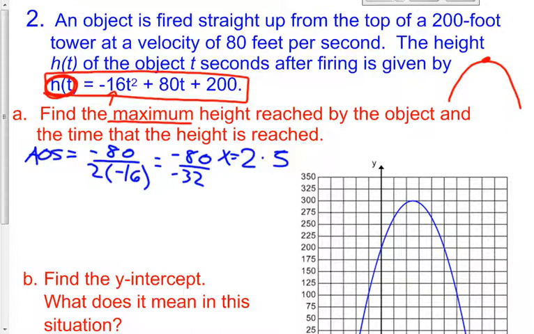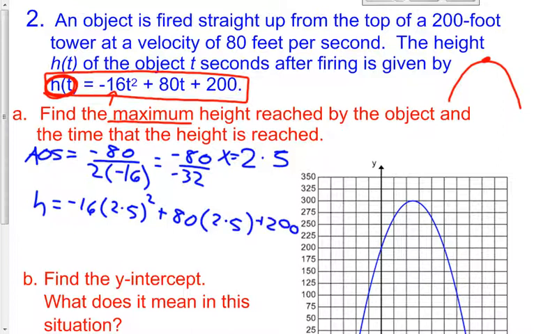So we also have to find the vertex, and the way you do that is by substituting in the x value. So my height is negative 16 times 2.5 squared plus 80 times 2.5 plus 200. Now I've already done this one in my calculator. If you want to pause the video and do all this work in your calculator, feel free to do that.